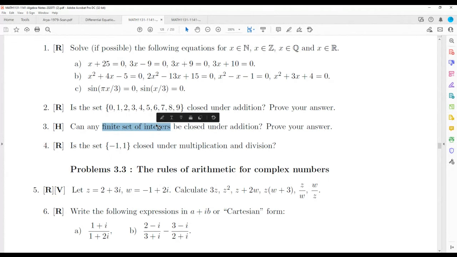Oliver's looks good. Eloisa, not sure about yours because 2 plus 2 is not in your set. And Maximilian, 1 plus 1 is not in your set. Okay, so Oliver, I think yours is pretty good.